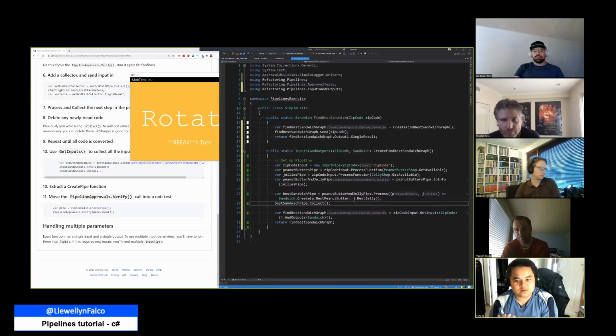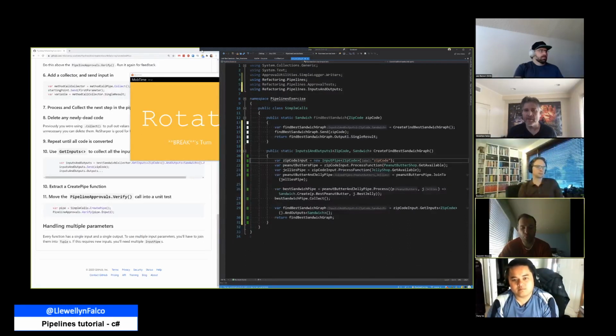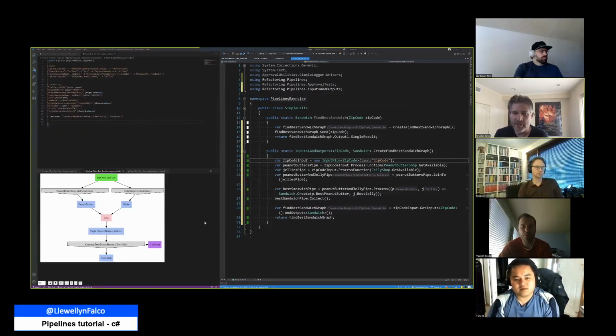On line 28, suddenly there's a collect statement, and then all the way down on line 16 is the reason why we need it. So people would be wondering why they need this collect statement here. So you always need the collector on the output pipe, the last thing you need to collect. That's your output.